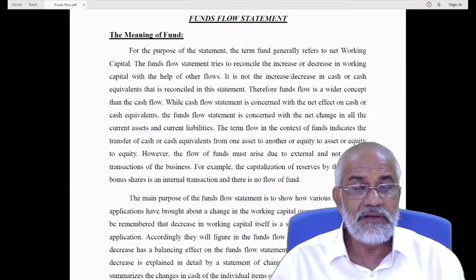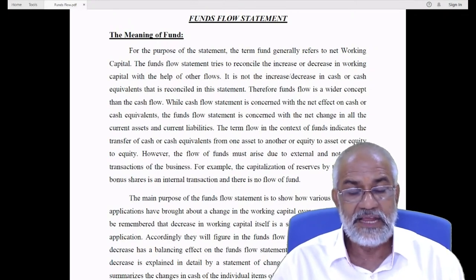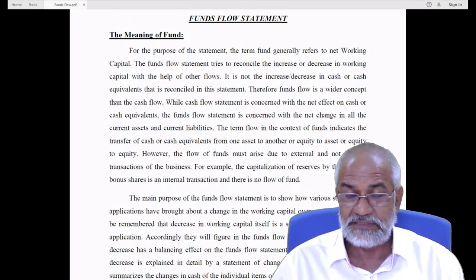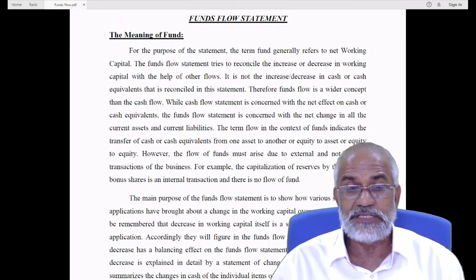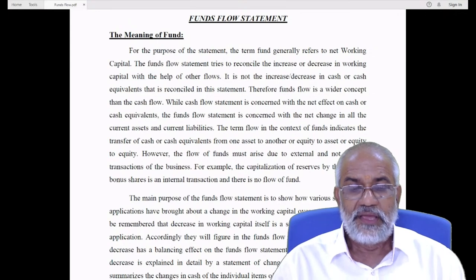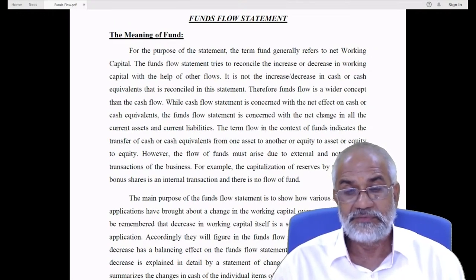Let's take the example of a third transaction and we'll see what happens due to this. Suppose a computer is purchased on payment of 50,000 rupees. When a computer is purchased on payment of 50,000 rupees, the entry will be computer account debited to cash account. Cash is being paid on account of purchase of the computer.